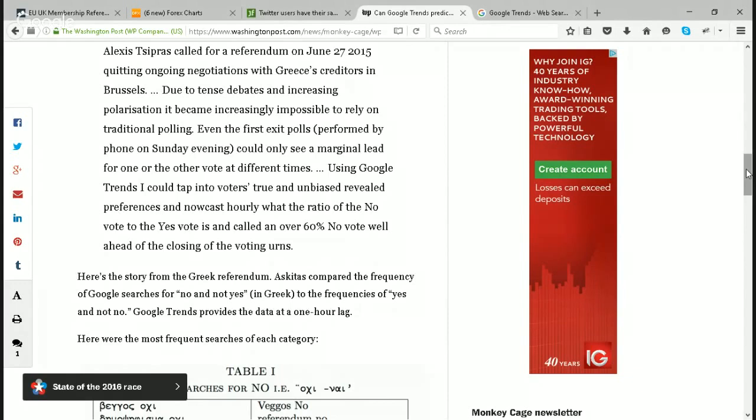The result was quite a shock. But Google Trends had exactly gotten it right. So if I just followed Google Trends and had faith in it, if I'd done enough study on it, and I kind of went, okay, I'm willing to bet €100 or €1,000 or whatever, you could have basically done rather well.